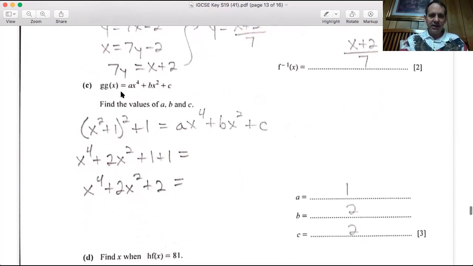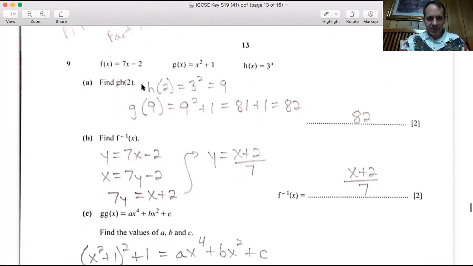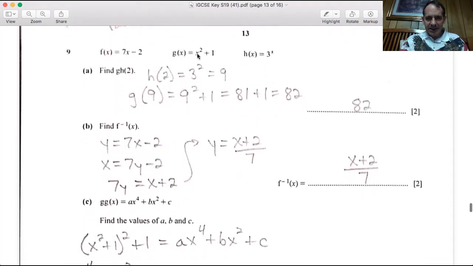Now letter C, here we have this kind of composite function equation, g of g of x. So we need to put the x into g and then put the g of x into g again. So when we put x into g, we get x squared plus 1.